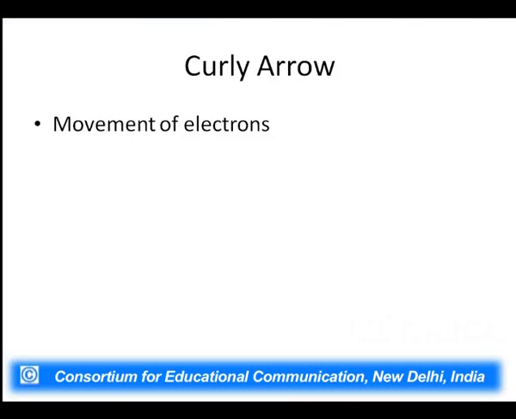Moving on further, before going to the reaction mechanism per se, we should understand a few rules, like what are the arrows which we have been making in resonance and all, what do they depict? They are called curly arrows. So what do they do? They are arrows which give the direction or movement of electrons.